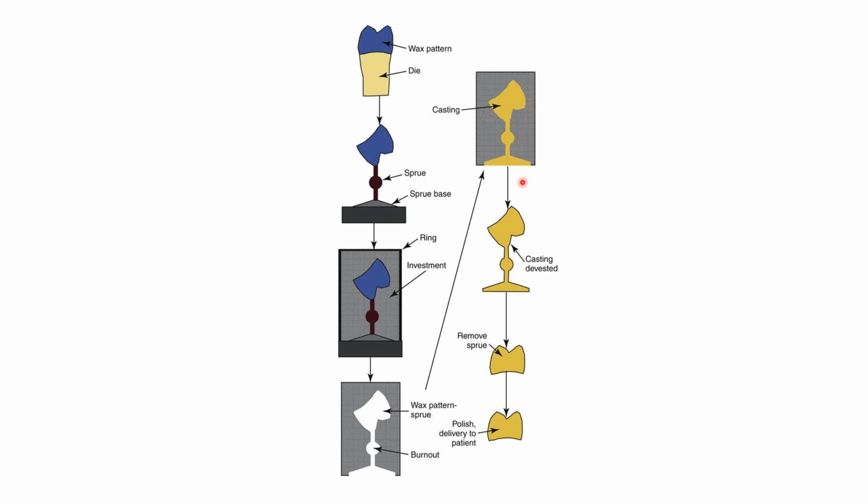Then the next step is you have to remove the investment and the casting is devested. That means the investment material is removed from the casting. Next step is you have to cut the sprue. Cut your sprue from this position, and what is left is your casting, and then you have to do the recovery of the casting. Then you have to do the finishing and polishing and then deliver it to your patient.